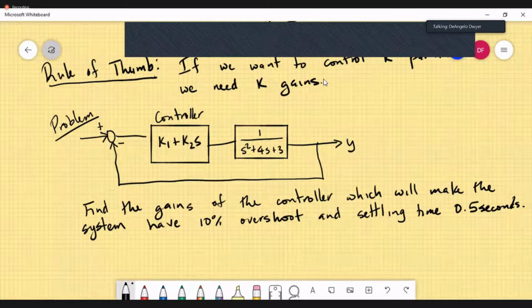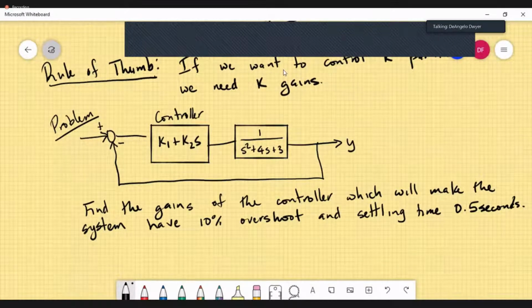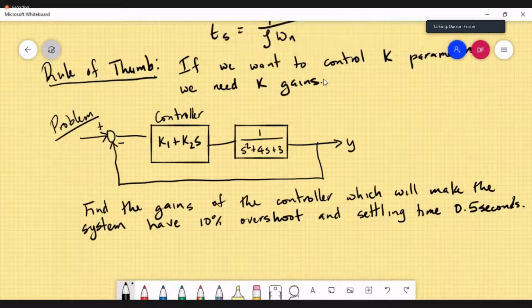Hello? Yes, sir. You could have gone again. There you go. I was telling you to tell me when I can start working out the problem. Yeah, you can start, sir.